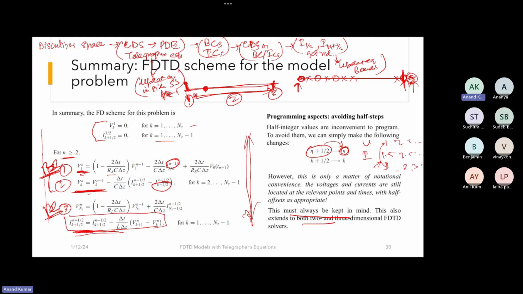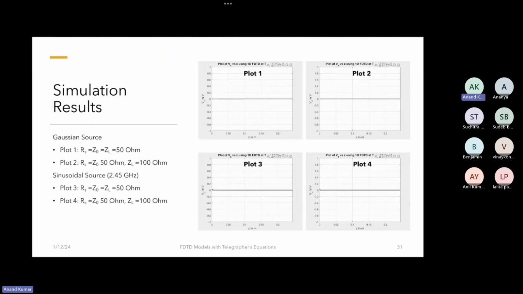So this is what we did in short. Now once doing that, we got the initial values, the boundary conditions, and the update equations for voltage and current. Now let's look at the simulation results, and then we'll see how we did the coding.